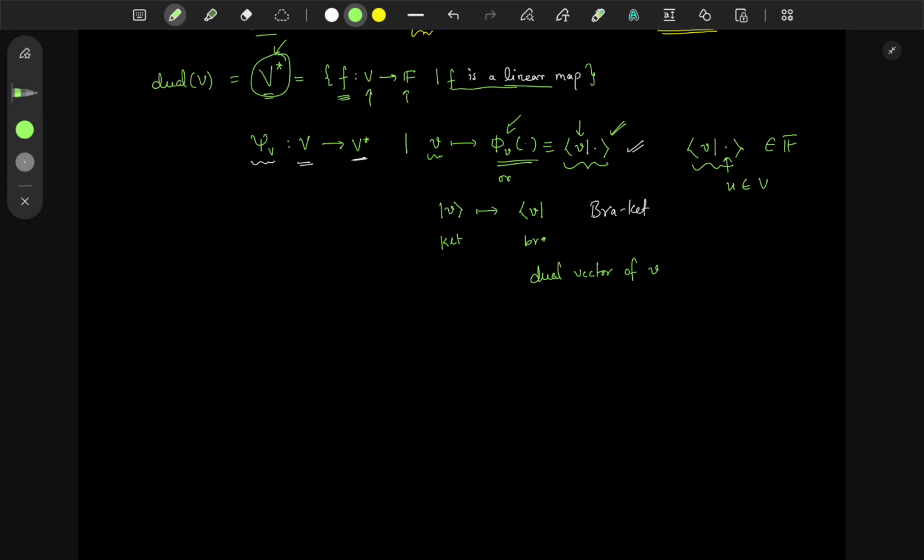So the algebraic structure of these vector spaces is the same. That's why a lot of people, when talking about V and V star, basically treat them as the same vector space, but remember that mathematically they are not the same vector space.